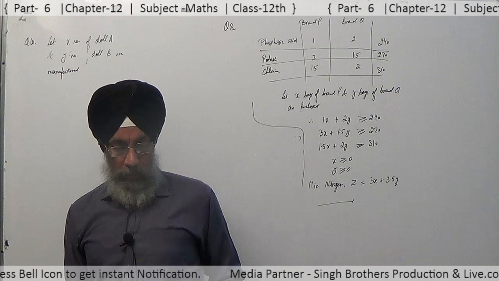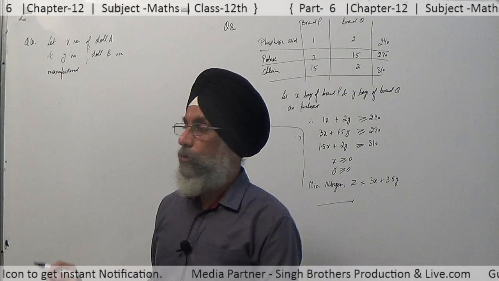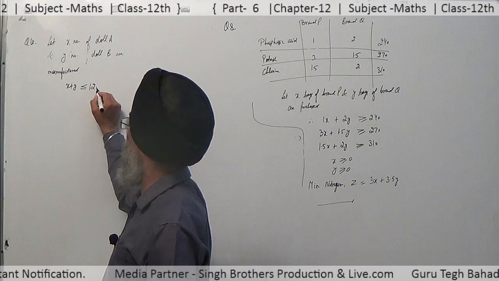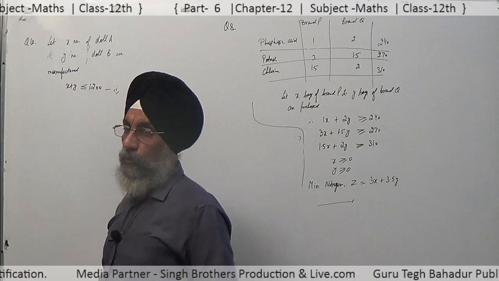Total quantity does not exceed 1,200, meaning x plus y is less than or equal to 1200. It's the first equation.